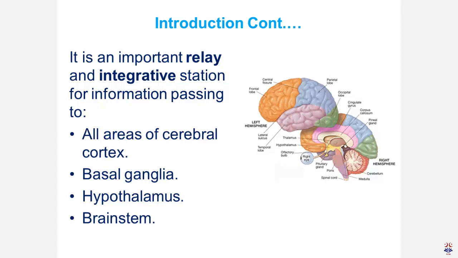Functionally, the thalamus is an important relay and integrative station for information passing to all areas of the cerebral cortex, basal ganglia, hypothalamus and brain stem.